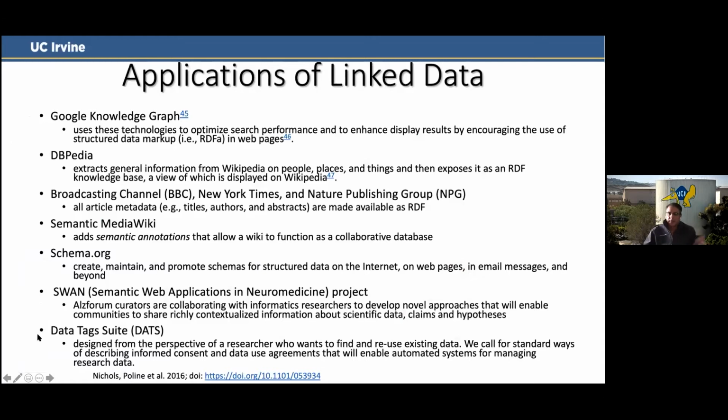And so there's lots of applications of linked data that are out there in existence and being used. Some of which probably are used every day by you and you don't even notice it. Things like markups on web pages using schema.org vocabularies.